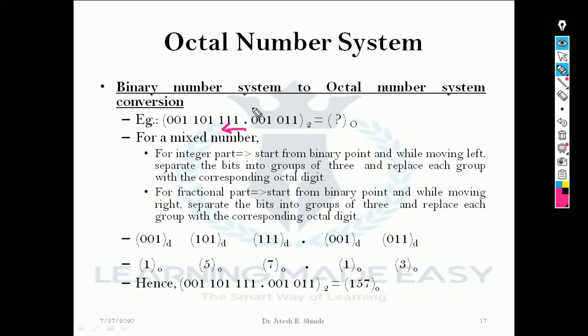For the fractional part, start from the binary point and while moving right, separate the bits into groups of 3 and replace each group by its equivalent octal digit.